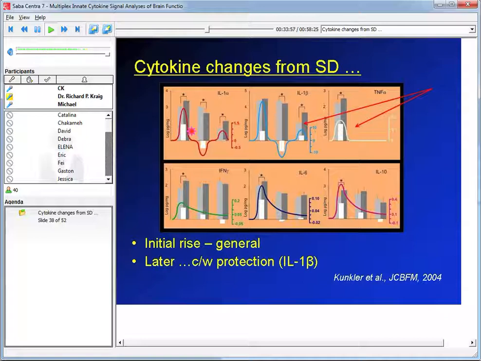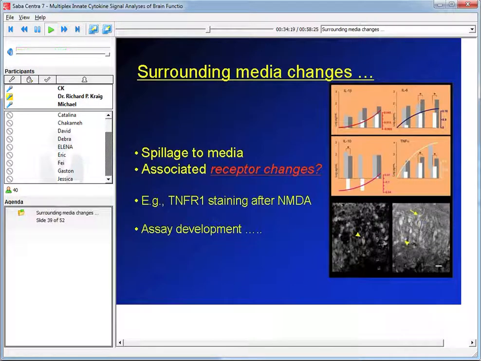We are very intrigued by Hallenbeck's work from the 1970s that suggests that adding IL-1 beta or removing it may be a downstream signal, or maybe another innate cytokine signal, which we believe is a downstream innate cytokine signal responsible for the neuroprotection.